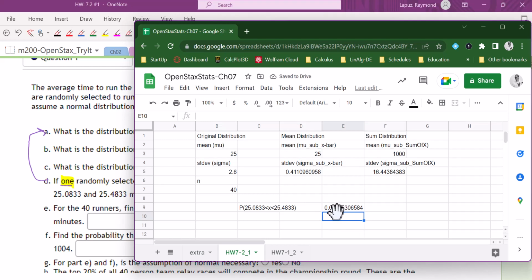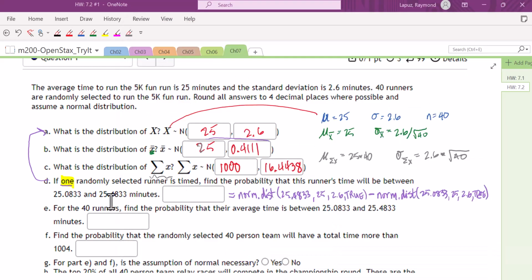So I think that rounds off to 0.0610. So our value here is 0.0610.